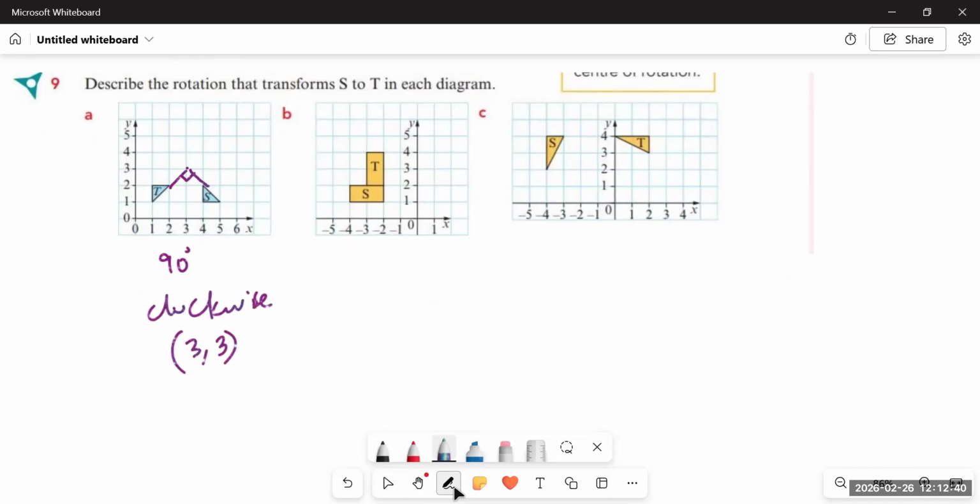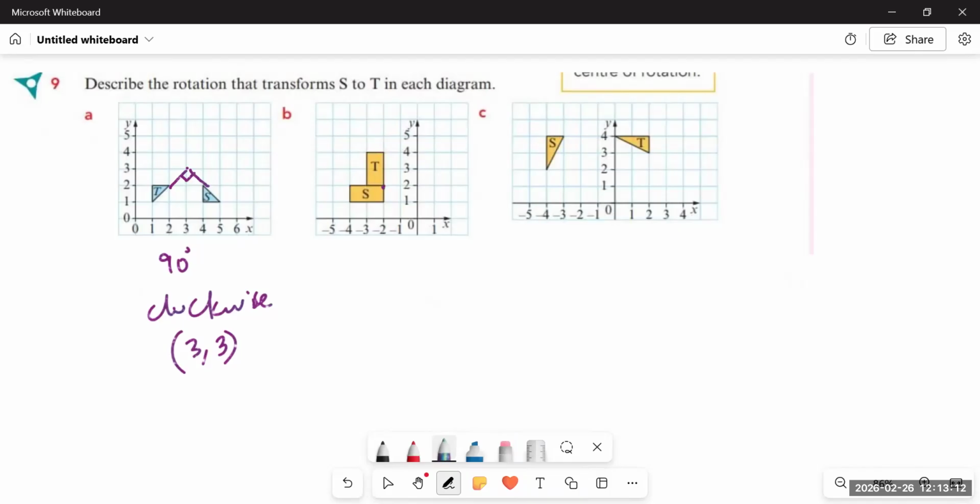If we talk about part B, so part B is a rotation of again 90 degrees. Let's take these corresponding points. And the center would be now this one.